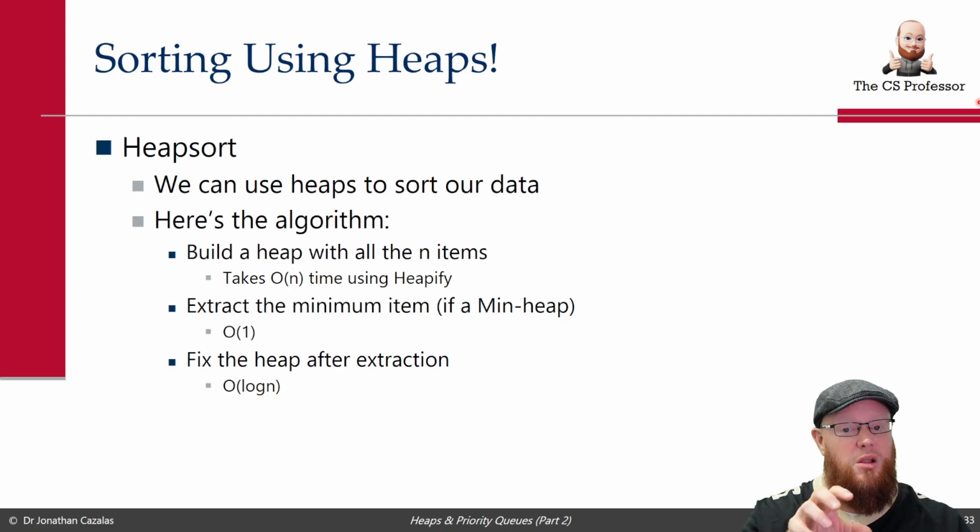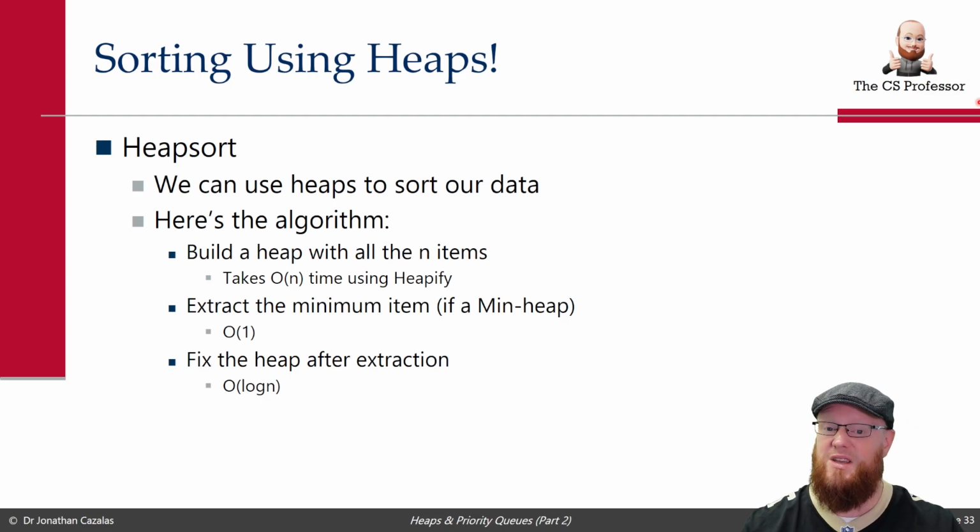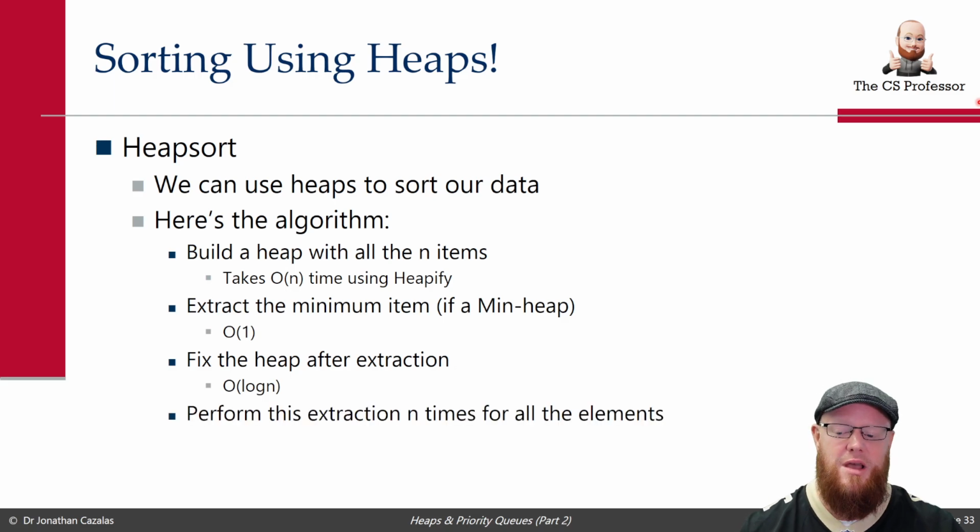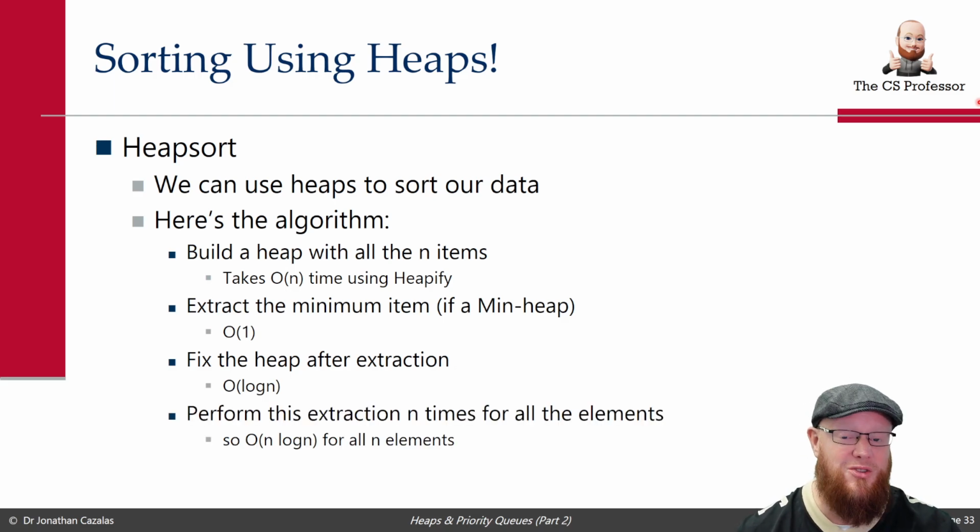Because the smallest always ends up at the root, we can perform this process of extracting the smallest and fixing the heap, which is log n every time you do a deletion and extraction. You remove it, delete it, fix it. That's a log n cost. How many times do we do that? n times.